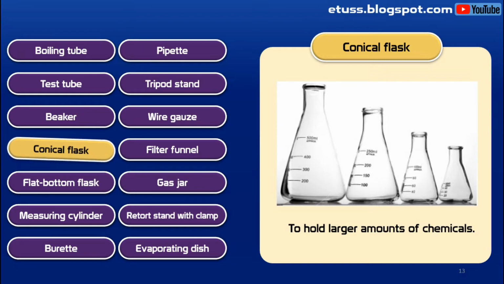Conical flasks are also used to hold larger amount of chemicals compared to test tube and boiling tubes. Conical flasks can also be used for chemical heating purpose. The opening part at the top of the conical flask is smaller compared to beaker, which has a wide opening part.